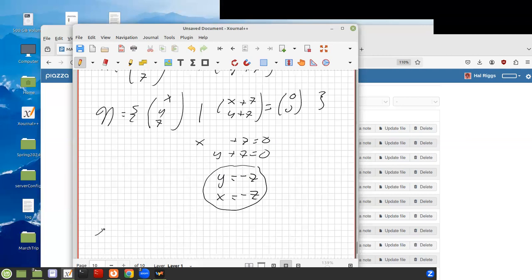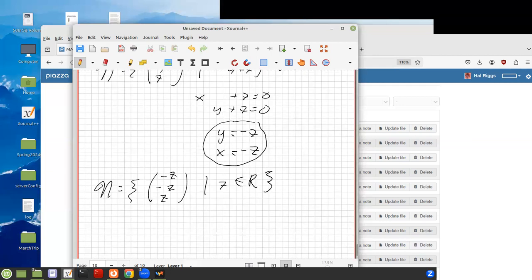So the null space equals minus z for x, minus z for y, and z is z, such that z is any real number.